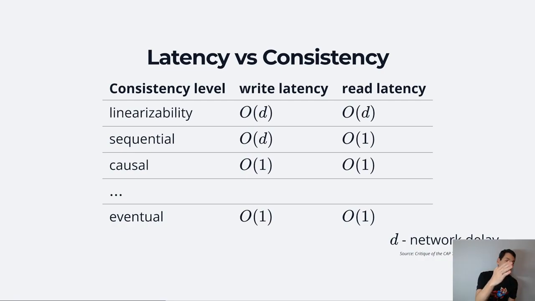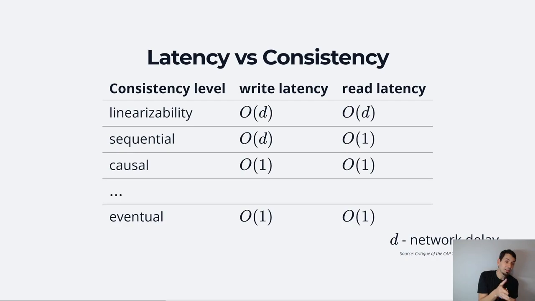This table has many rows. The most important conclusion is that we need to pay in terms of latency for the increased consistency levels. So you can see the last row here, eventual consistency, which is the weakest one, may be realized without waiting for a network round trip both in reads and writes.